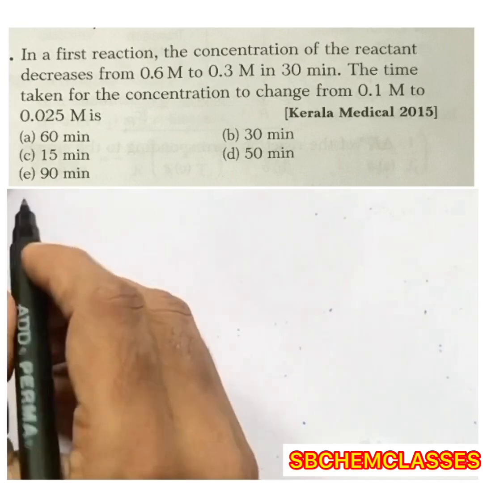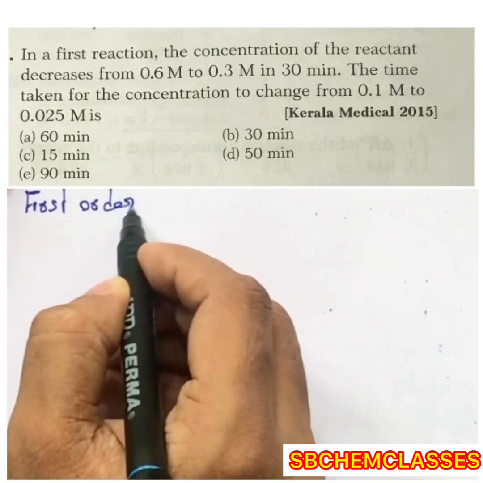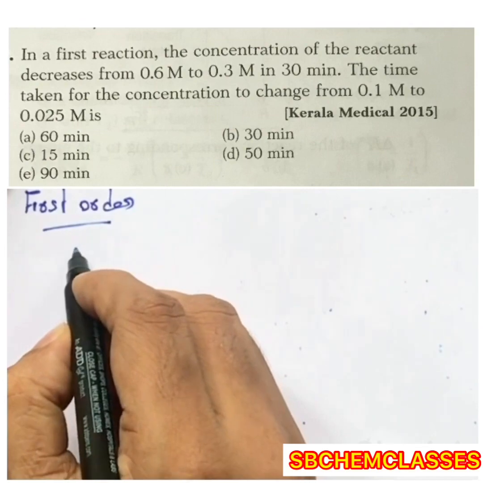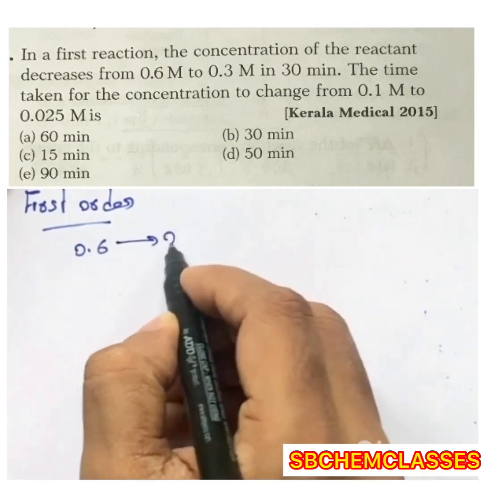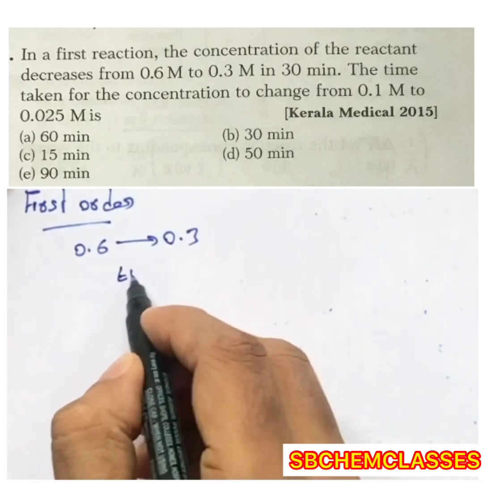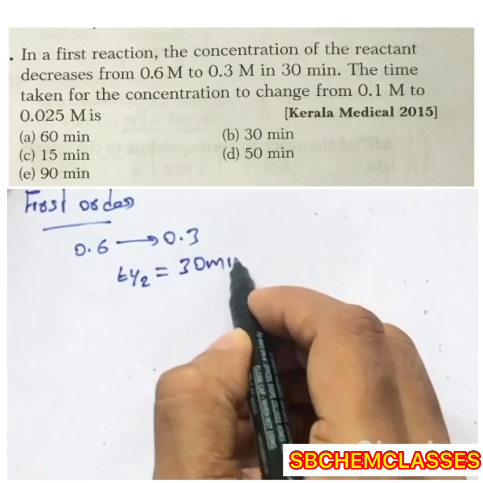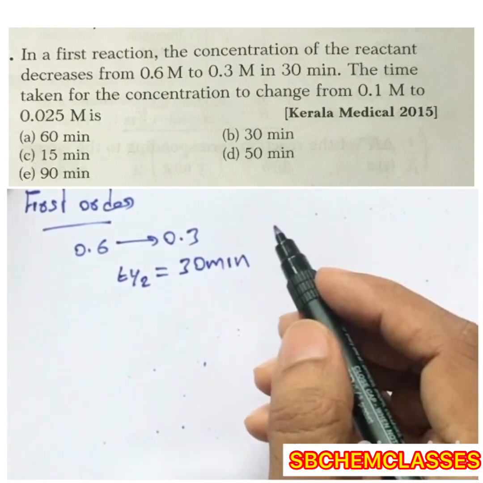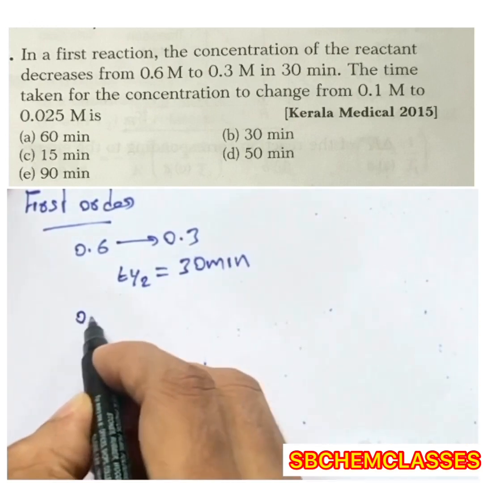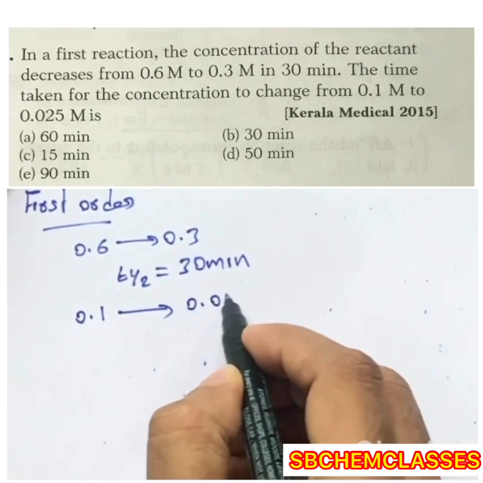It is a first order reaction, and the conversion of 0.6 to 0.3 is the half-life period. So T half is given as 30 minutes. We want to calculate the time required for the conversion of 0.1 to 0.025.